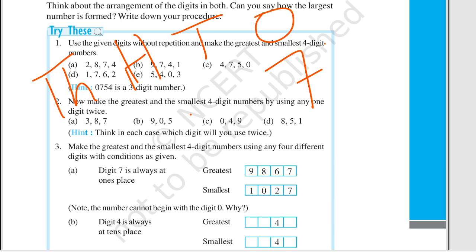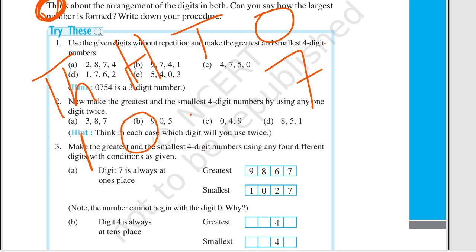The smallest digit is 0, but I have already told you that we cannot start any number by 0. So we have to take 1. Now I have already told you that 0 can be there on the second place, so we will put 0 over here.